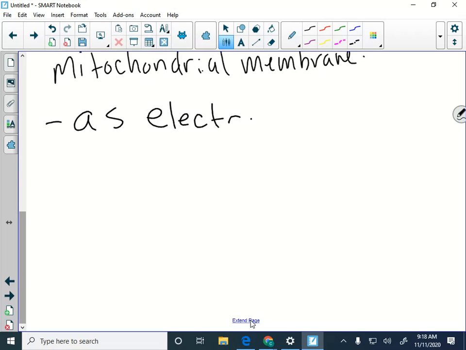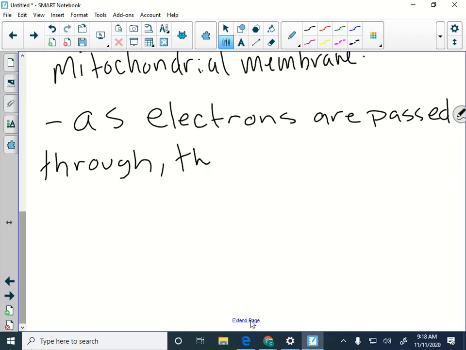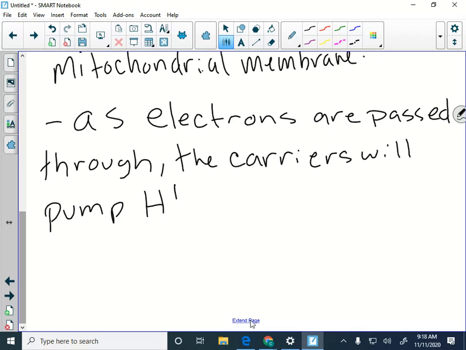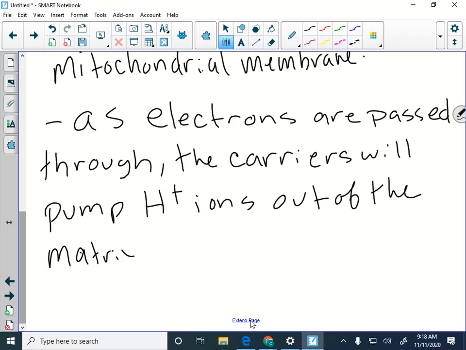As electrons are passed through carriers, this is against the gradient or against the concentration.